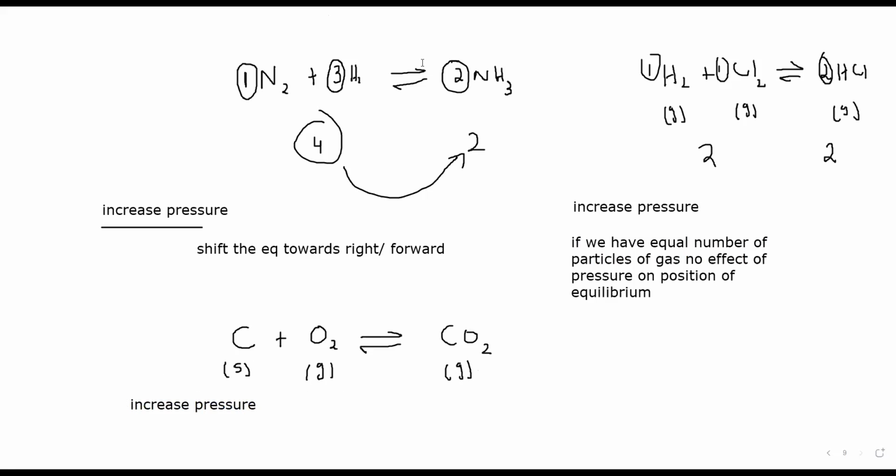You don't check the total reactant particles, you check the particles of the gas. So how many gas particles are present on the reactant side? 1. How many on the product side? 1. So if you have an equal number of gaseous particles, then there is no effect of pressure on equilibrium.